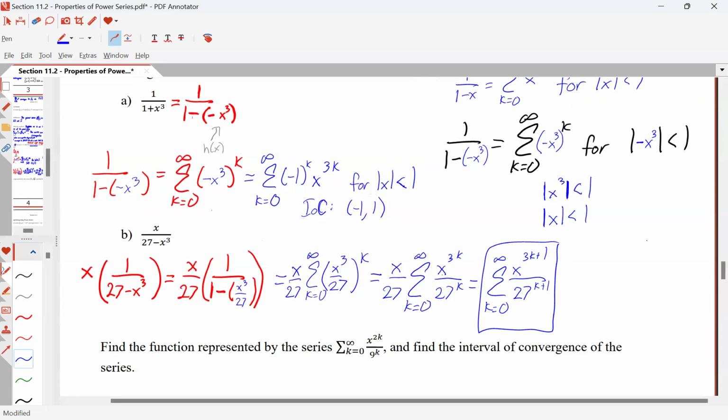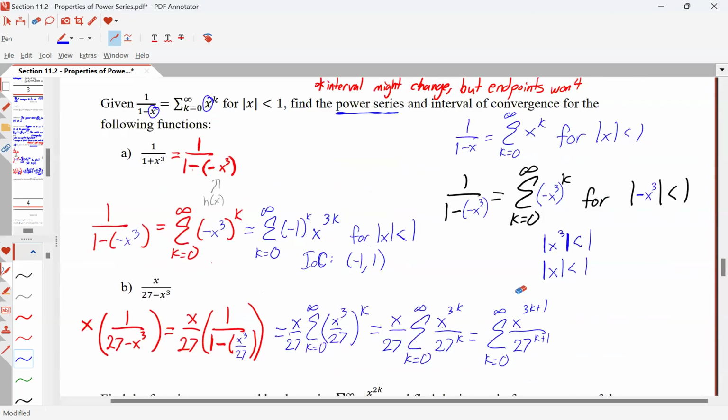I'm going to back up and do the interval of convergence now. I'm going to use what we used before, but change out our numbers. So remember, 1 over 1 minus x is the series k equals 0 to infinity of x to the k. We had the series x over 27 minus x cubed, which became x over 27 times 1 over 1 minus x cubed.